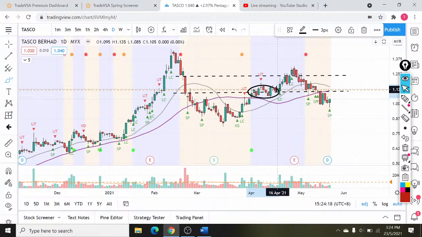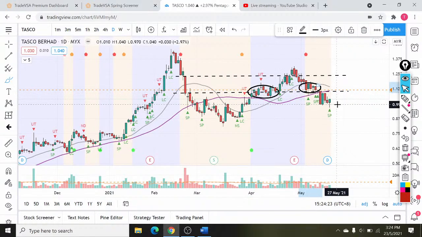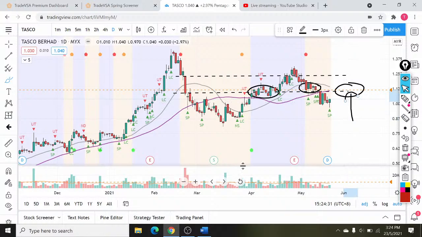For example here, it tried to build a support but failed to hold. Then you know this is a very important area to look for signs of strength. So this is Tasco for me. Of course, if they go back, form a sign of strength and a spring, I think it's a good area for me to consider.